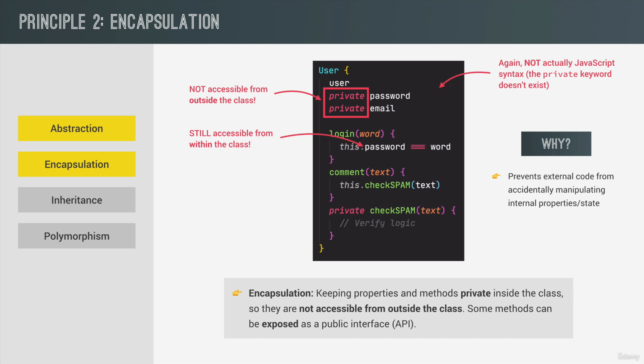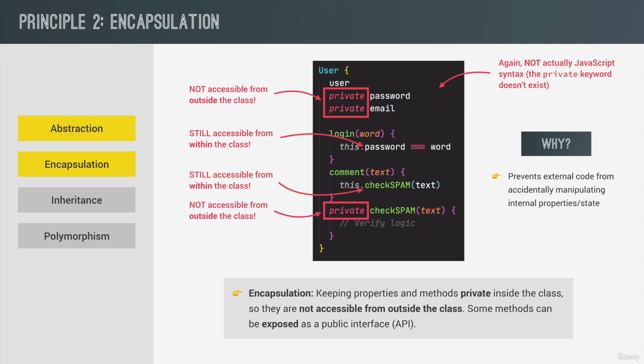Now, as you see, there's also a private method here, the check spam method. Again, it's not accessible from outside the class, but it's used internally to check if a comment is spam or not. So we want no one else outside of the class to be able to use this method, and so basically we don't make it part of the public interface. So the public interface is essentially all the methods that are not private, so that are not encapsulated.